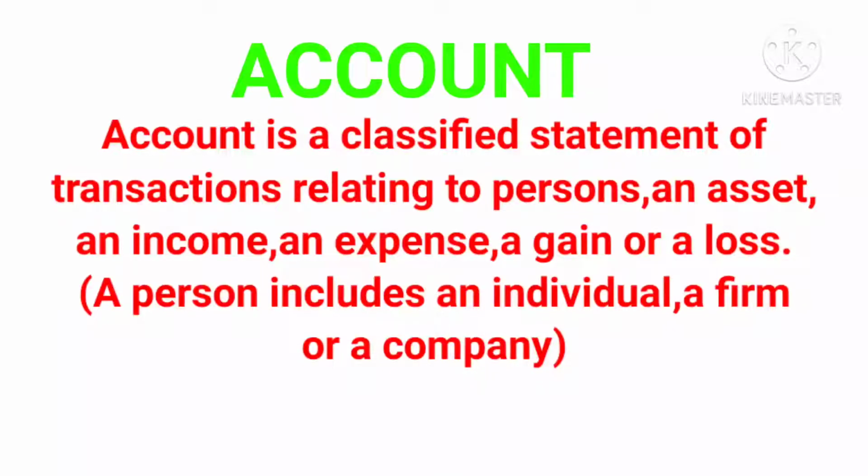Account is a classified statement of transaction relating to a person, an asset, an income, an expense, a gain or loss. Here, a person includes an individual, a firm, or a company, such as bank are maintaining thousands of bank accounts, such as savings account, fixed deposit account, loan account, etc.